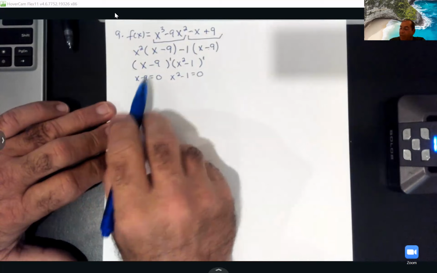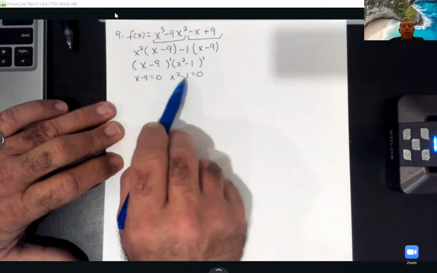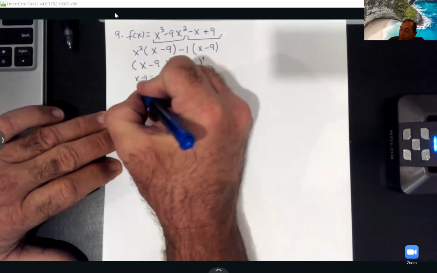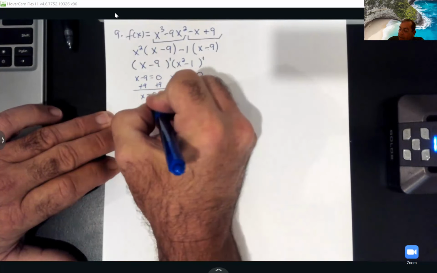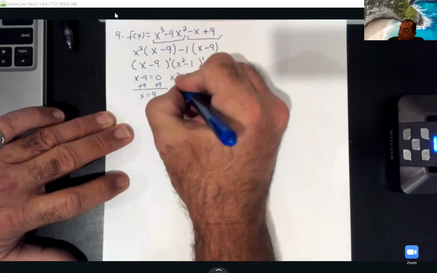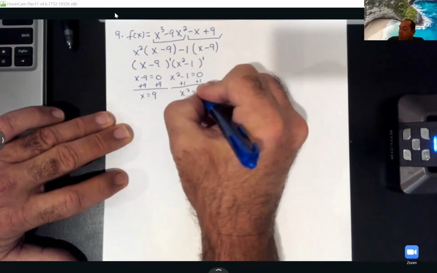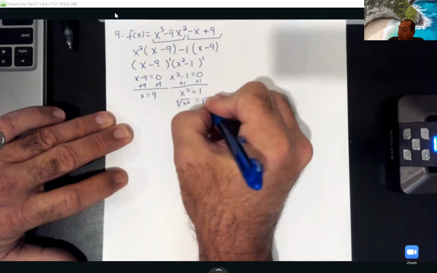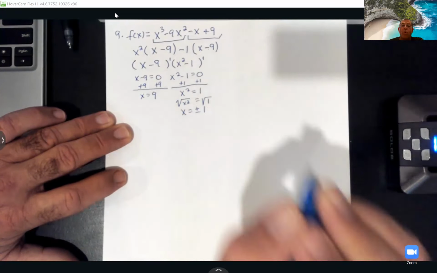Okay, so the first one, and once again, remember, I need 3 zeros because I got an exponent 3. So this is going to give me 1, and then that's going to give me the other 2. So here we'll add 9, and I get x equals a positive 9. This one, I'm going to add 1 and do square roots. So x squared will equal 1, and then we'll do square roots so that x equals a plus or minus 1.